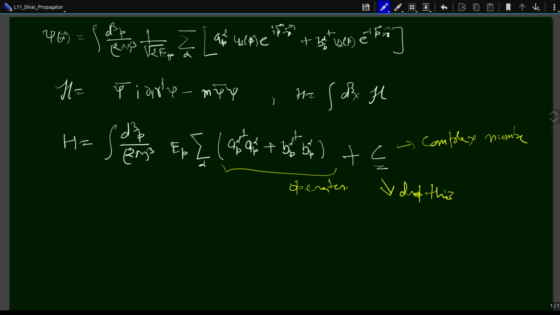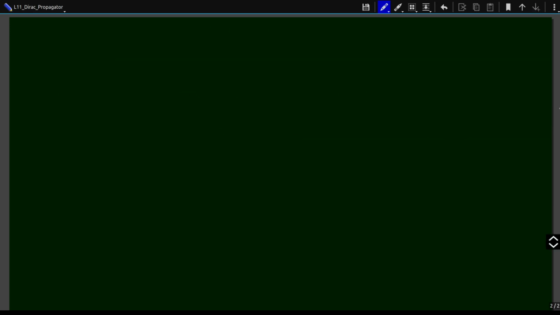Okay, and then we go on to compute some of the simple things, starting from the simple commutators of this Hamiltonian with the four operators that we have, which is A, A dagger, B and B dagger. We will start with computing the commutator such as H commutator with a_p^beta.